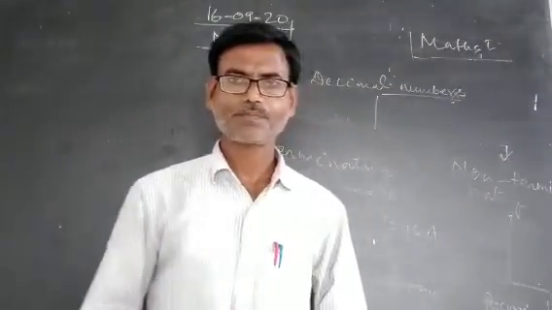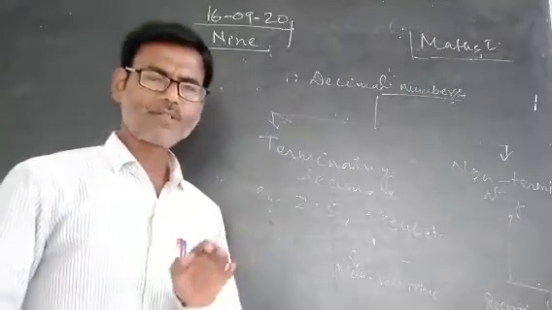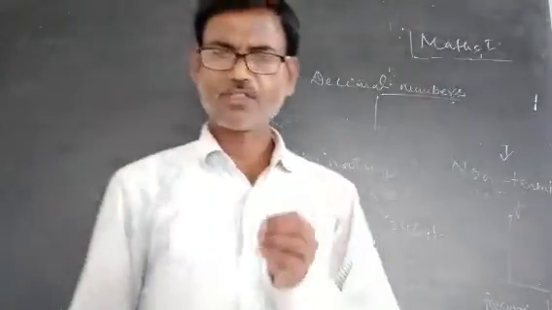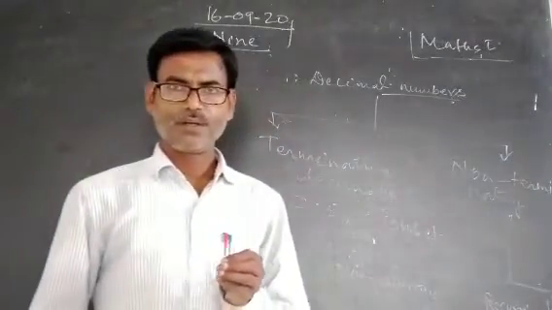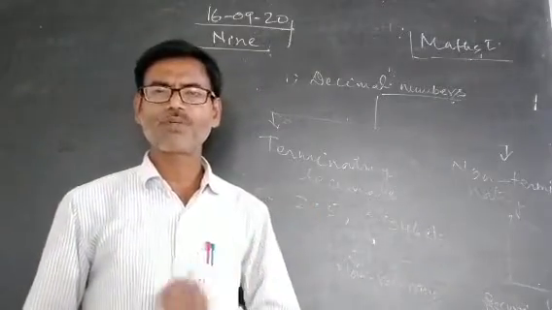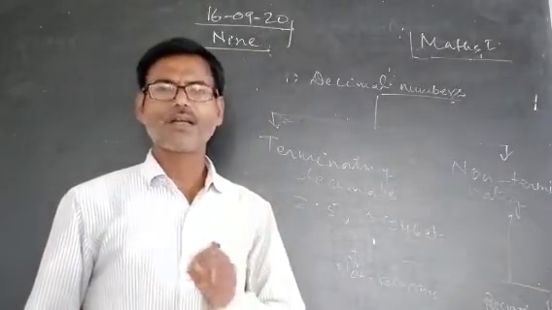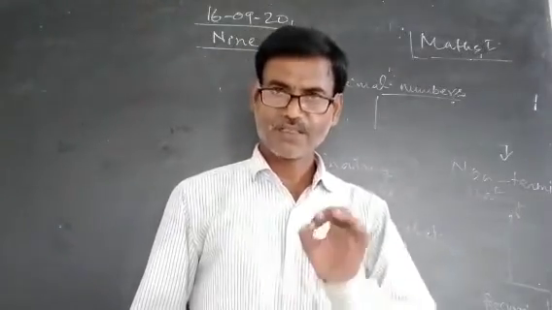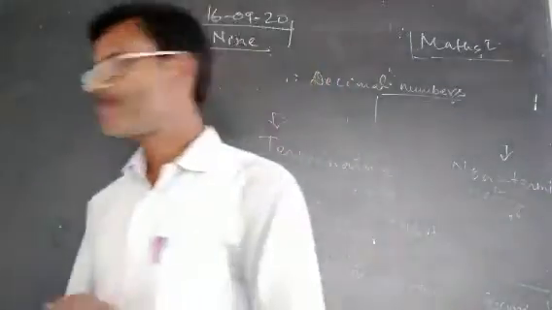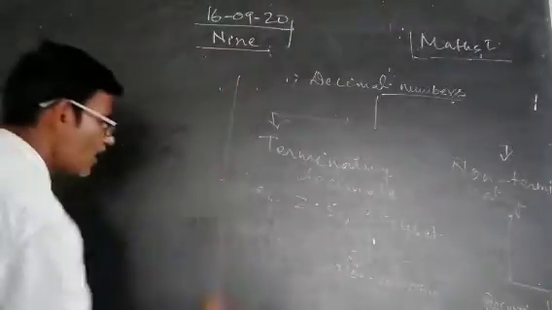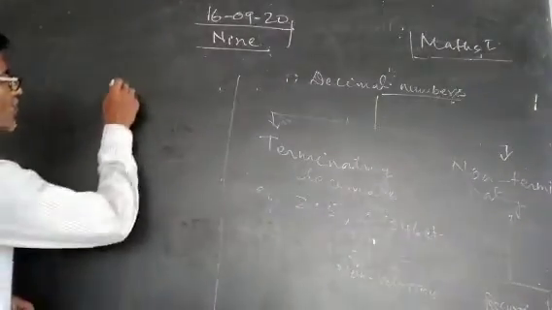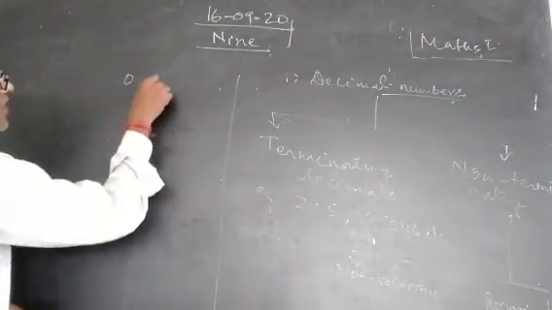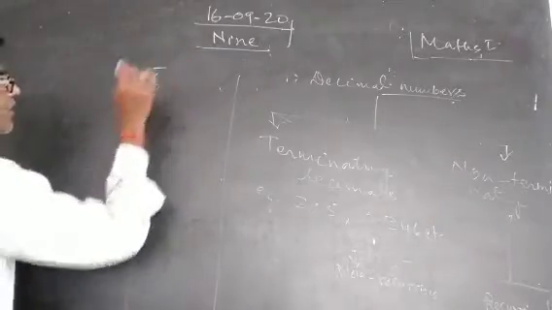Well, okay, now I will show you conversion. I will explain the procedure of converting a recurring decimal into a rational number by a simple example. Let's take a recurring decimal, say 0.6 recurring.